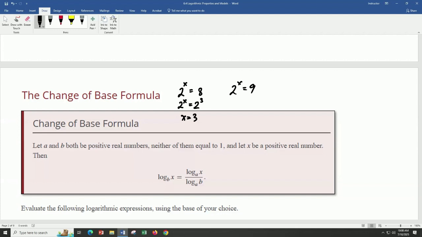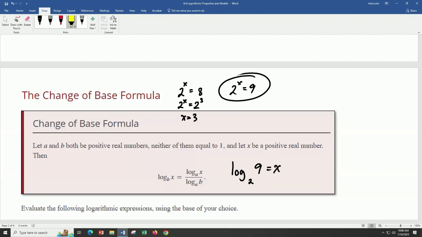So the change of base formula says this: when you have the log base b of x, you take log base a of x and you divide that by the log base a of b. Literally all you're going to be doing, let's put it simple, using our example from above: if I wanted to write this one as a logarithm, I have the log, my base is going to be a 2, I have a 9, and it's equal to x.